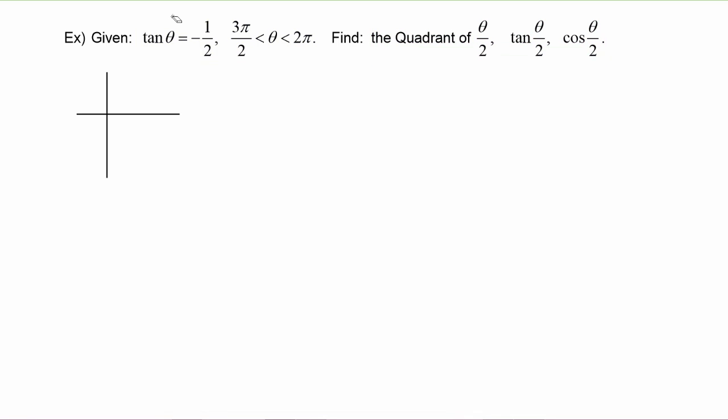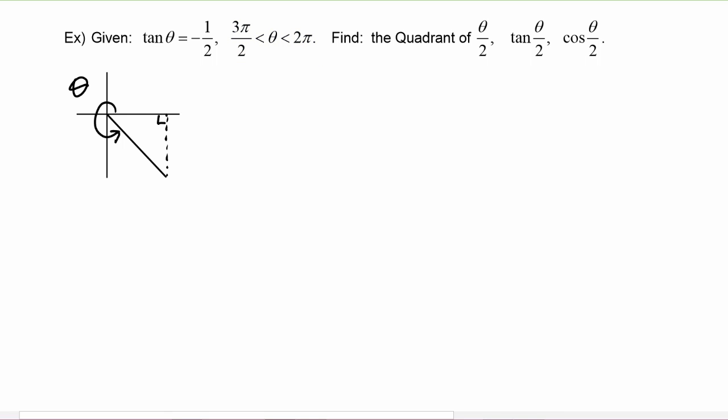Now the first order of business will be to draw a picture of theta, and because of this inequality, we know that theta is going to live in quadrant 4. Here's theta.